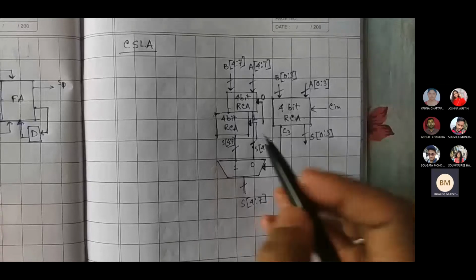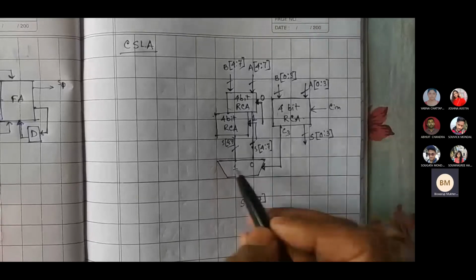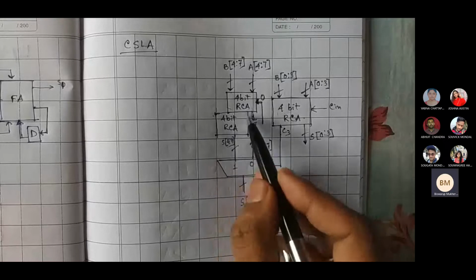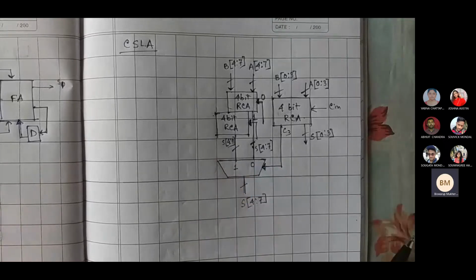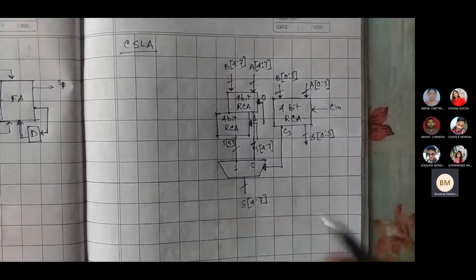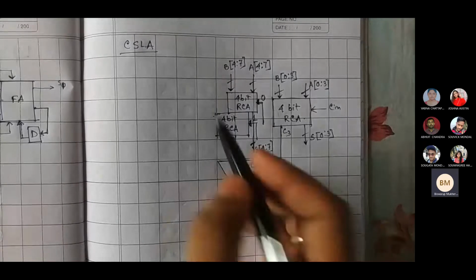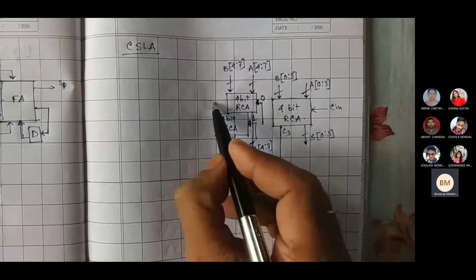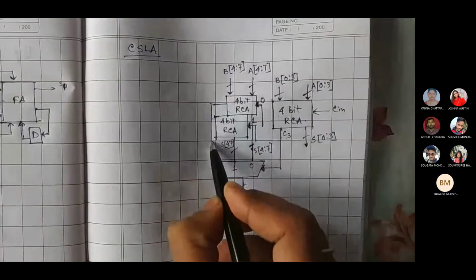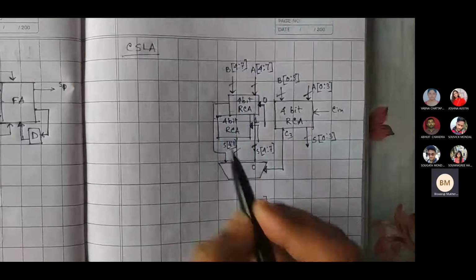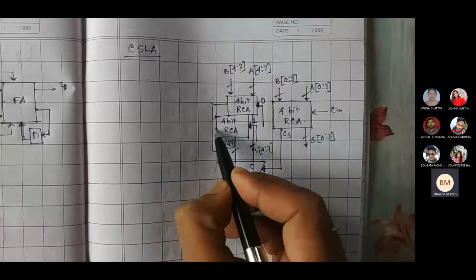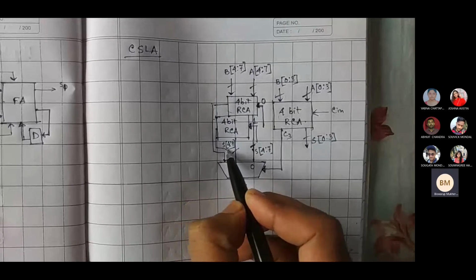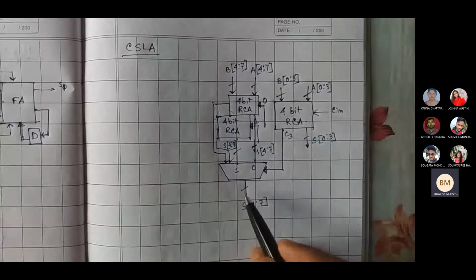Similarly, if the C3 value is 1, then it will select the lower hand RCA block, and accordingly it will generate the sum values. The carry values are also selected in the same manner.